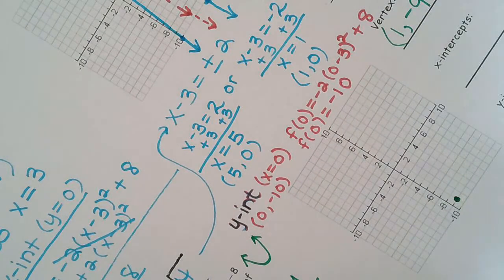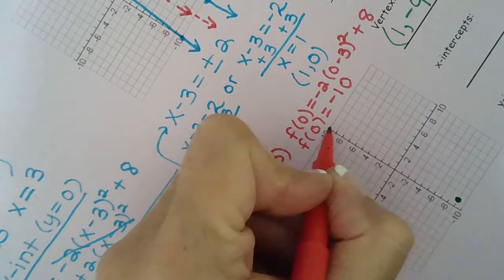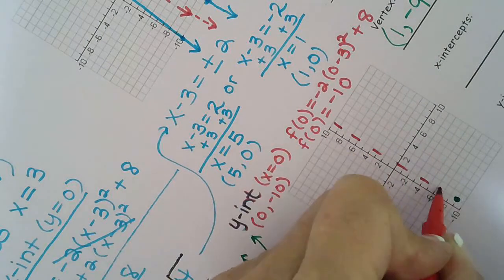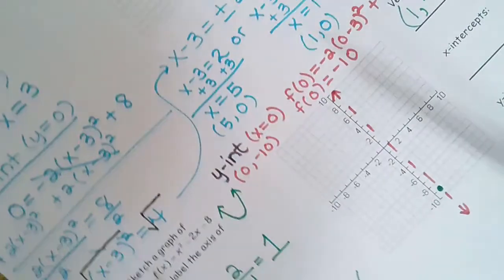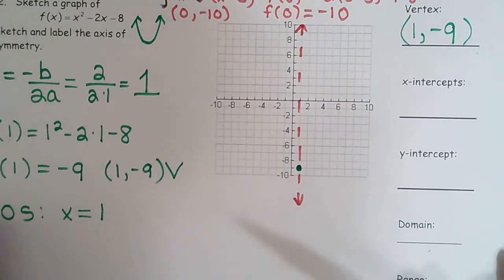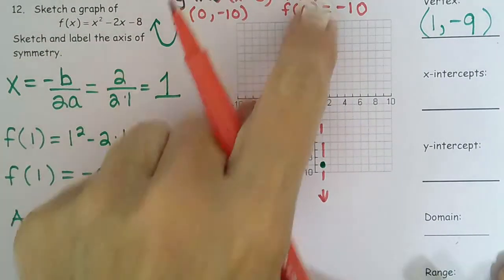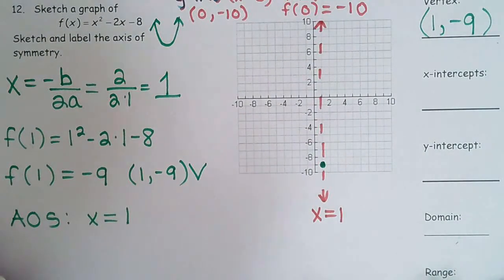So now let's go ahead and sketch in our axis of symmetry, which is x equals 1. And remember, the directions say sketch and label. So read this right here, sketch and label. So we sketched it. Labeling it would be giving it its name, x equals 1.